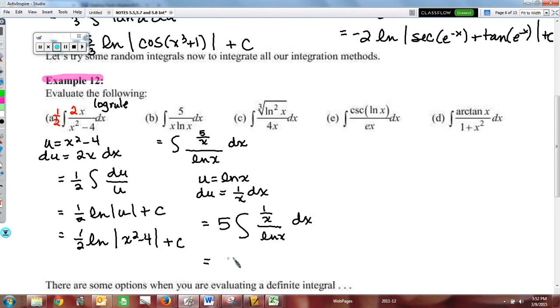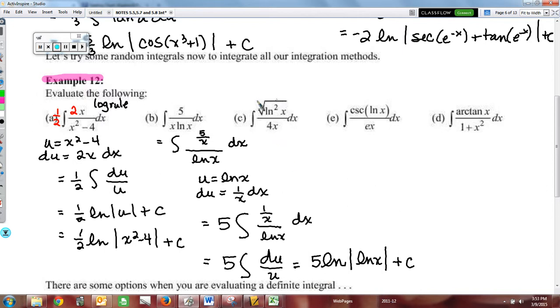Now I can see that we have it in the form du over u, so I can make that u substitution for the natural log, and this is my du. So now I can integrate it. The antiderivative of 1 over u du is natural log of absolute value of u. My u is natural log of x, and then of course plus c. So we add that back in.